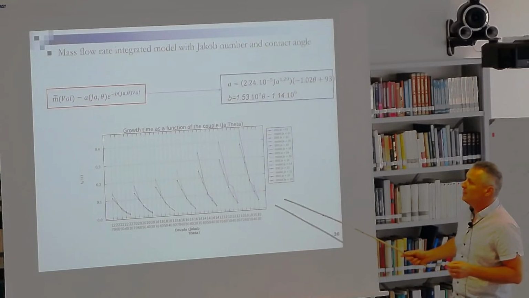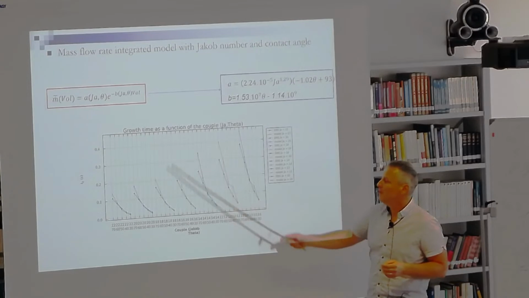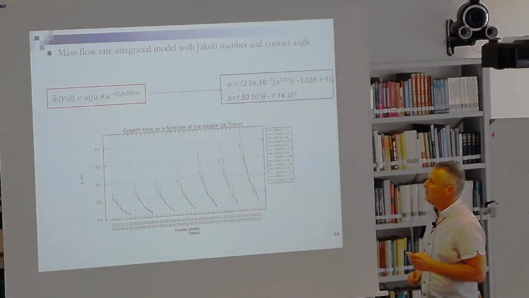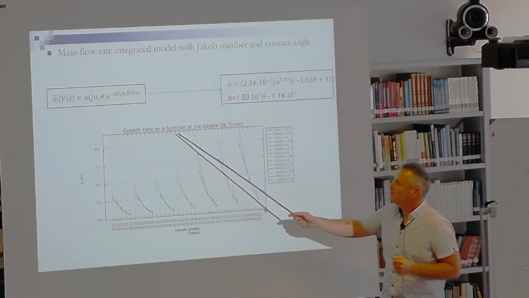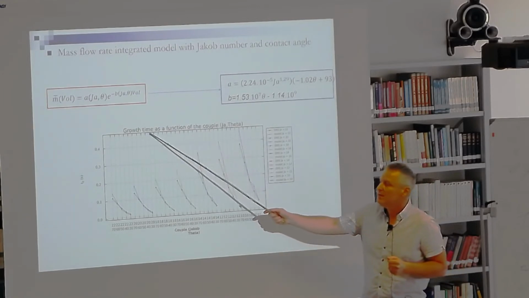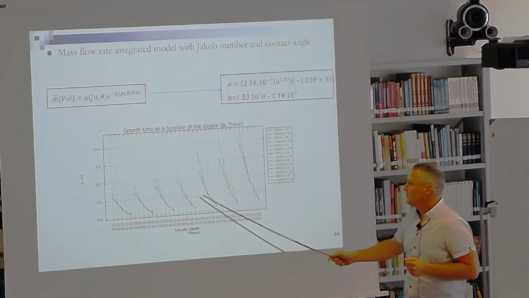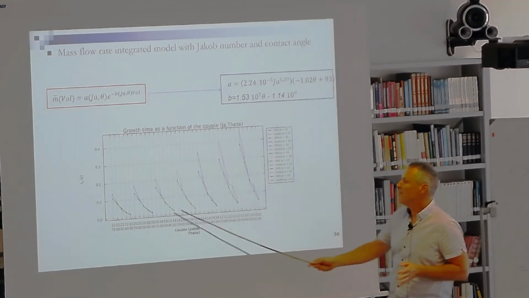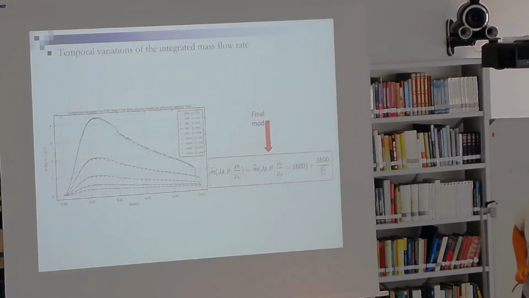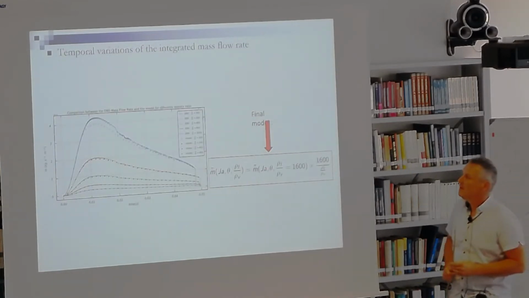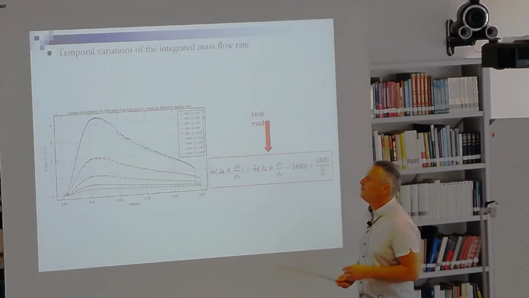The previous one was on the departure diameter. This one is on the growth time as a function of the departure frequency, and it also gives a good agreement between DNS and integrated models. And finally, a last point.